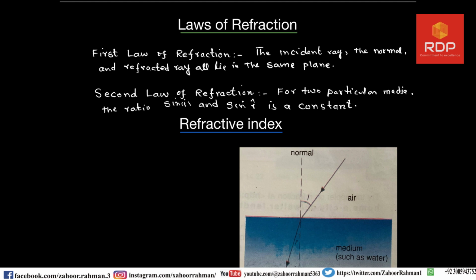Now we are turning our focus to the refractive index, which is also a very important topic for optic fibers.